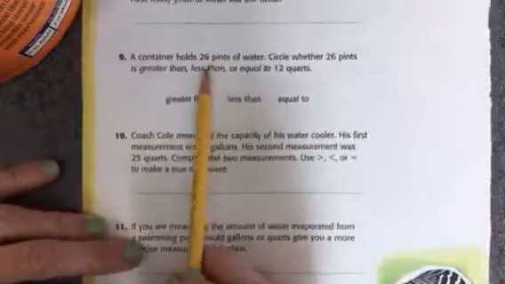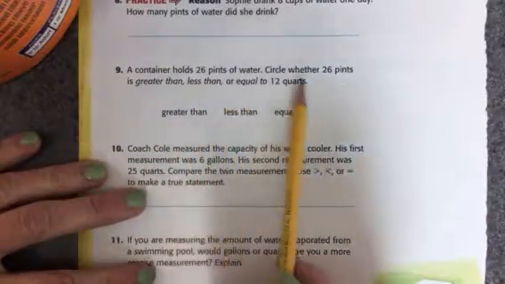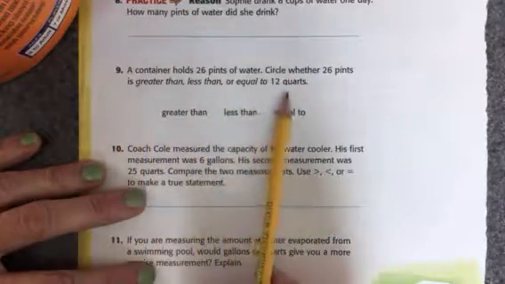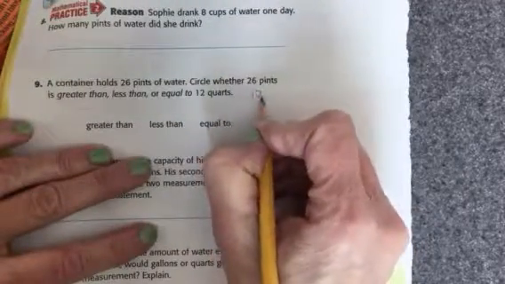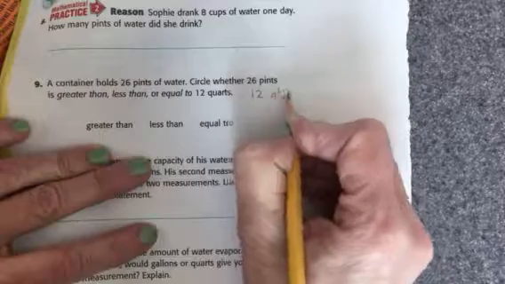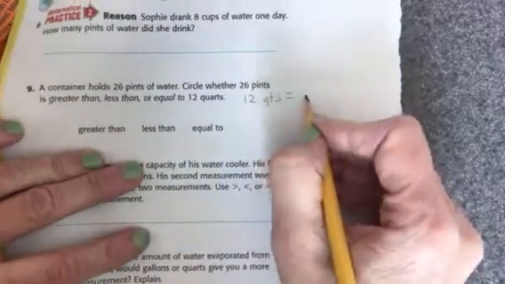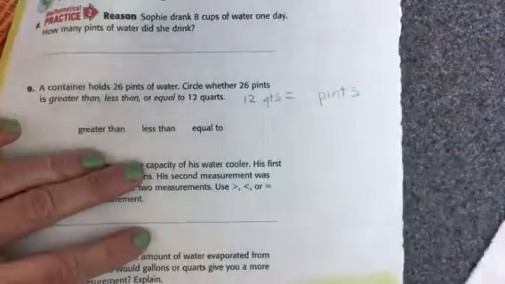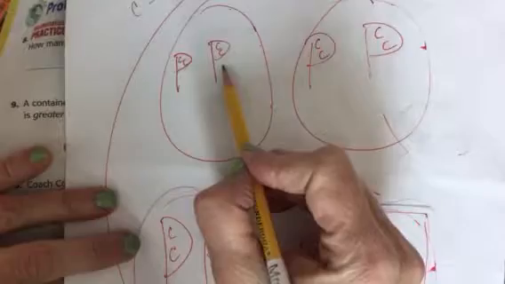Okay, a container holds 26 pints of water. Circle whether 26 pints is greater than, less than, or equal to 12 quarts. Well, let's take 12 quarts here and see how many pints that is. So in each quart here, I have 2 pints.